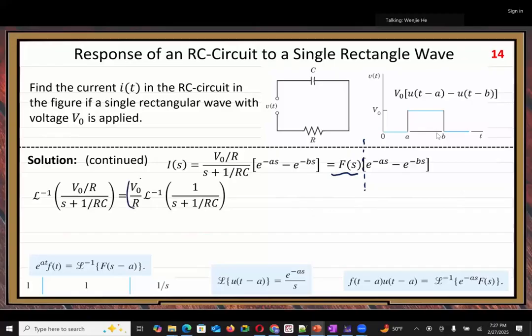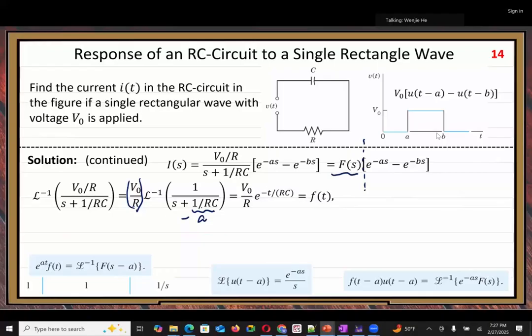Inside, this is the a part, minus a, where a is that negative number. So we use the function e to the at, because a is negative 1 over RC.